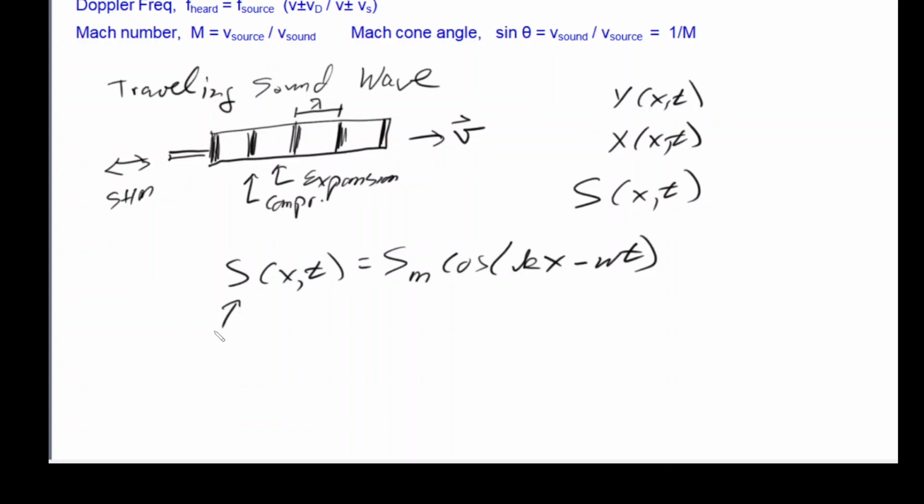So this is the displacement in the x direction. That is your amplitude, which is your maximum displacement. And again, you could use sine here, but we're going to use cosine in this video.